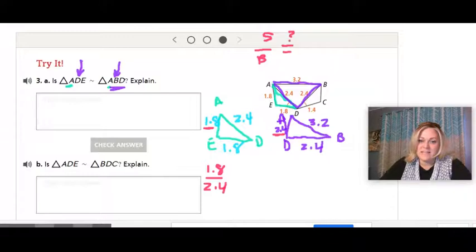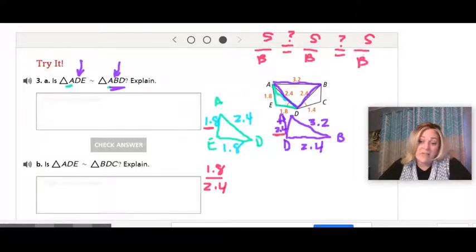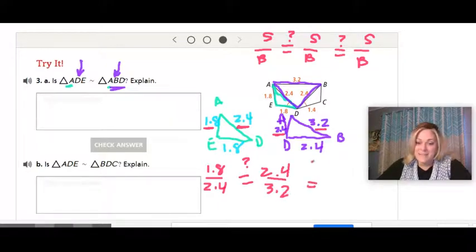Is that the same as the small to the big triangle for every single side length? So I've got 1.8 over 2.4, and I'm just going to put a question mark. Is that the same as 2.4 over 3.2? And is that the same as 1.8 over 2.4?